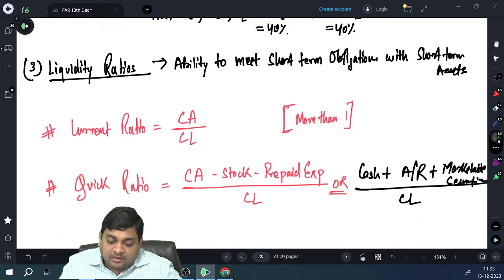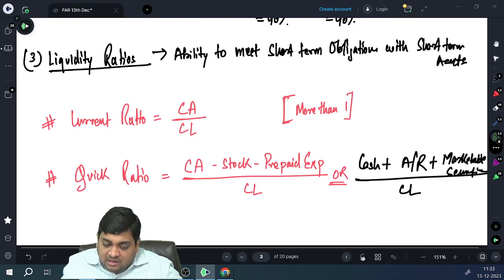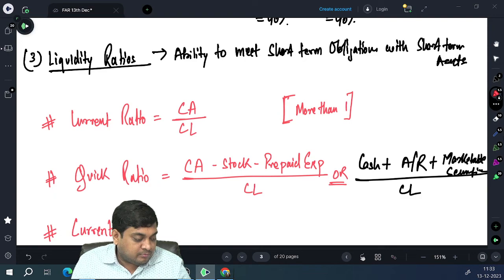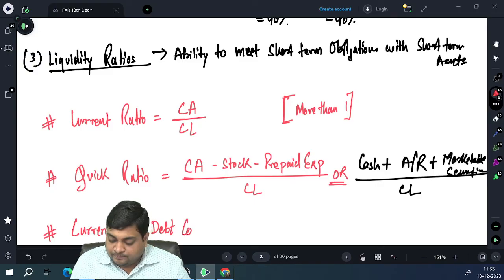Okay. Now there is one more liquidity ratio. Current cash debt coverage ratio.